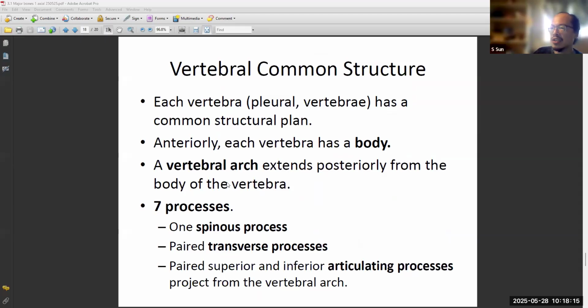It has the arch, 7 processes: 1 spinous process, paired, meaning 2, transverse processes, 2 superior arcuate and 2 inferior arcuate processes.